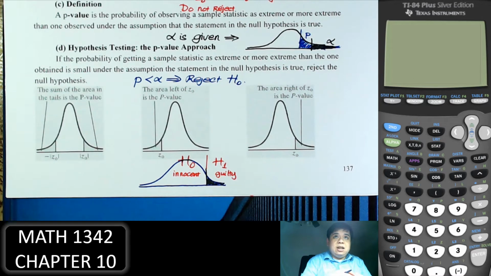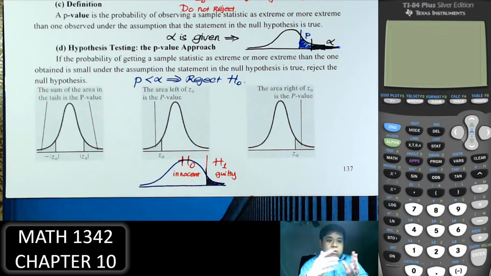In that case, we have to reject the null hypothesis, so that person is guilty. I should say this: if you say that 5% is the boundary, that means 95% the person is guilty.